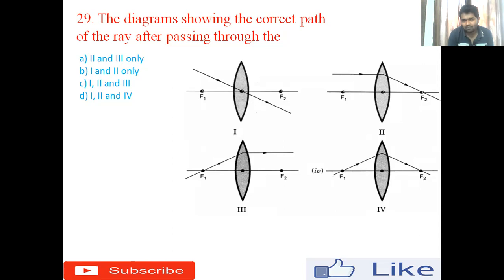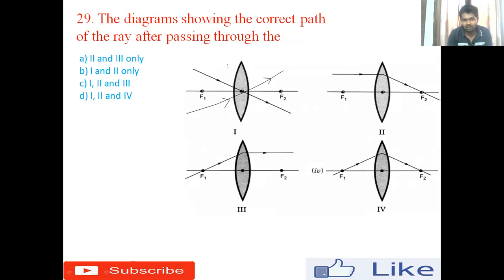The first diagram says that whenever the light ray passes via the optical center, it will go undeviated, whichever direction you take. In the second diagram, whenever the light ray passes parallel to the principal axis, after refraction through the lens, it will pass via the focus.